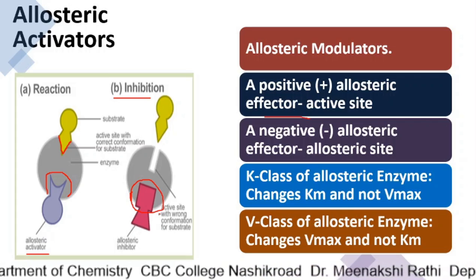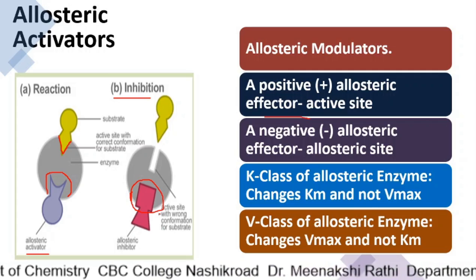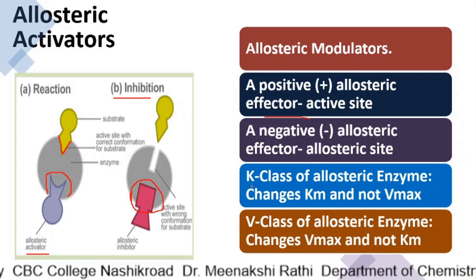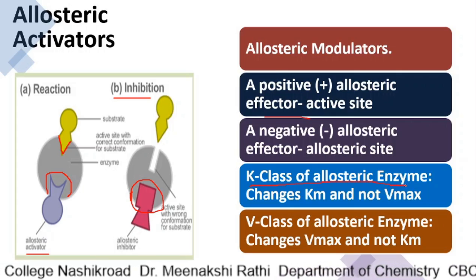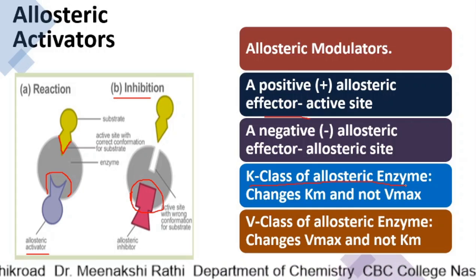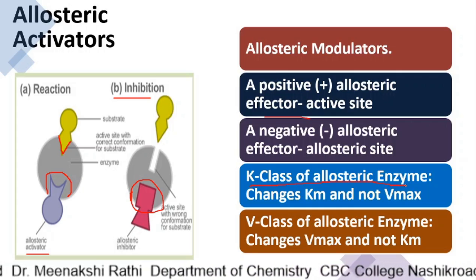Allosteric enzymes are again of two types. One is called the K class of allosteric enzymes, because these effectors change the Km and not the Vmax.